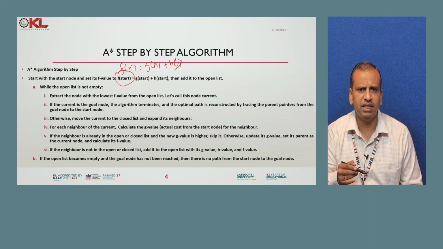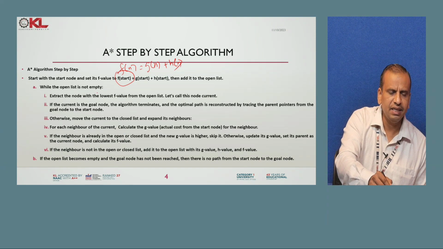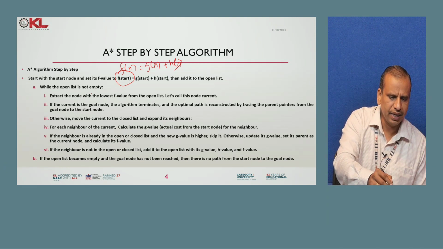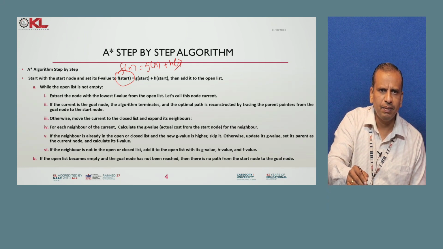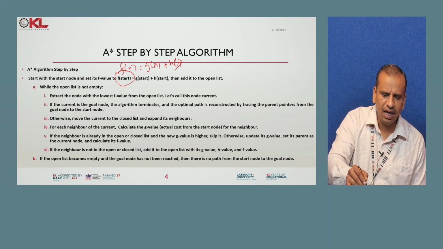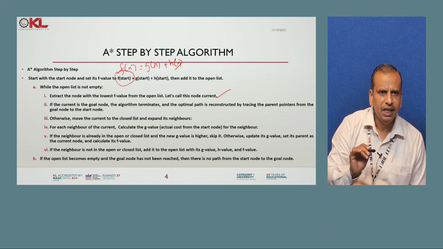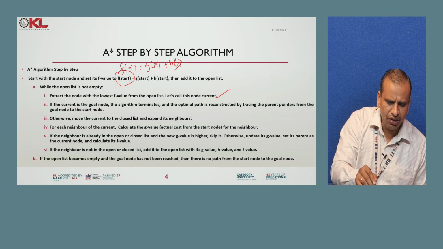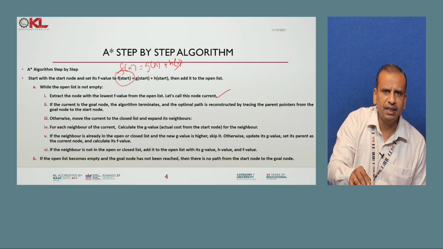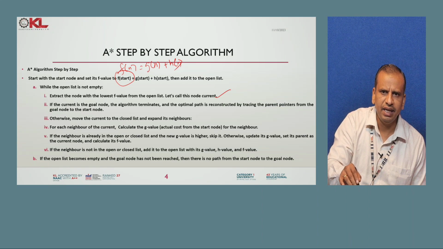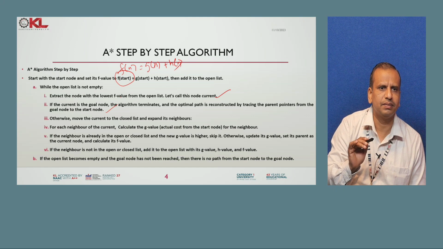While the open list is not empty, extract the node with the lowest f value from the open list and call it the current node. If the current node is the goal node, the algorithm terminates, and the optimal path is reconstructed by parent pointers back from the goal state. That is the first step.